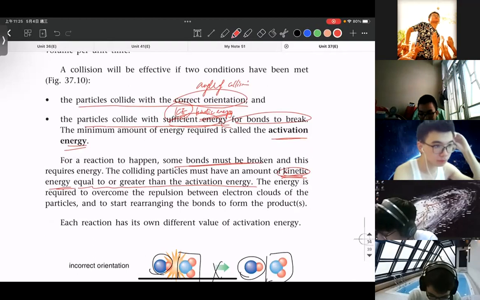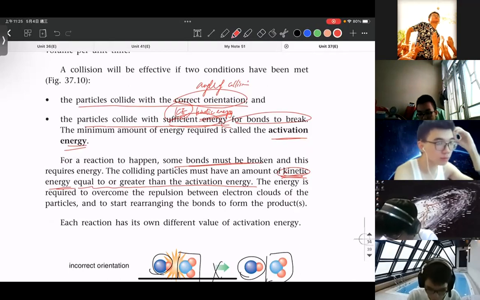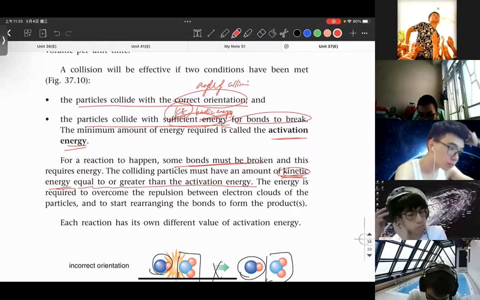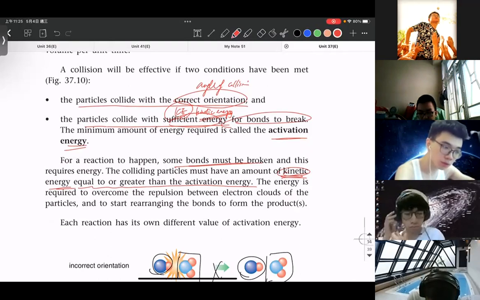In case you have enough energy, it will help break the bond. That's why, as I said before, it happens for faster moving particles instead of slower moving particles.